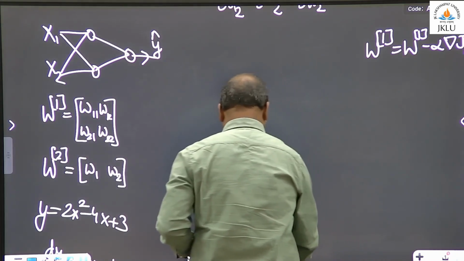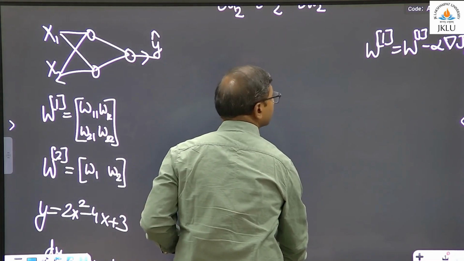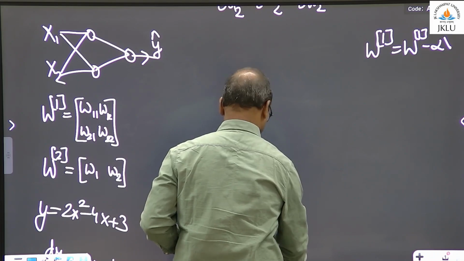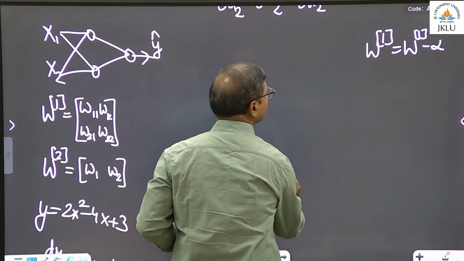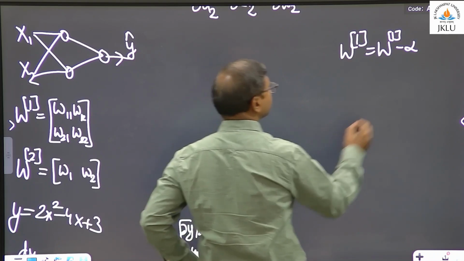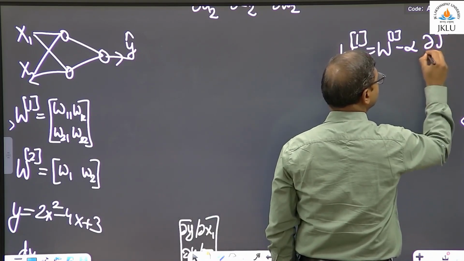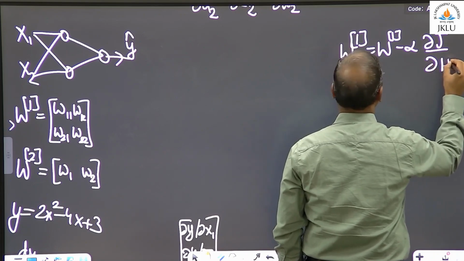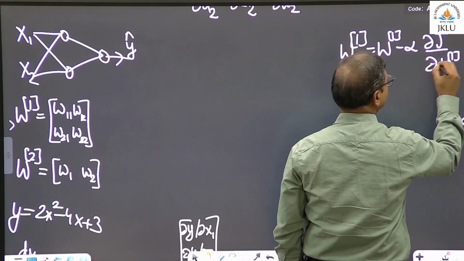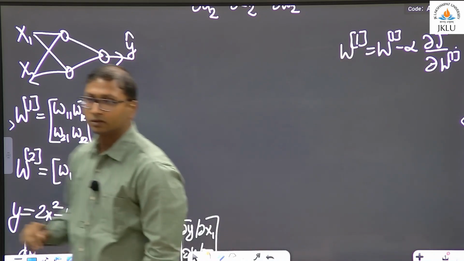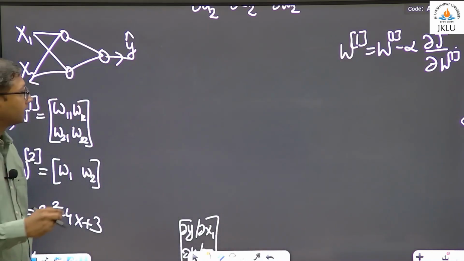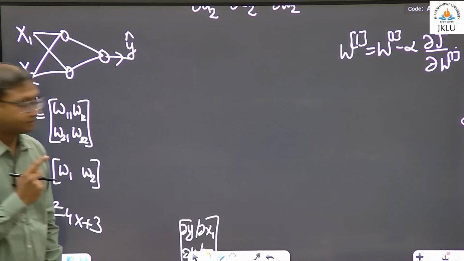Basically I don't write it this way, that will be wrong. Exactly. So what I should write is del J by del W1, right, this is how it should be.